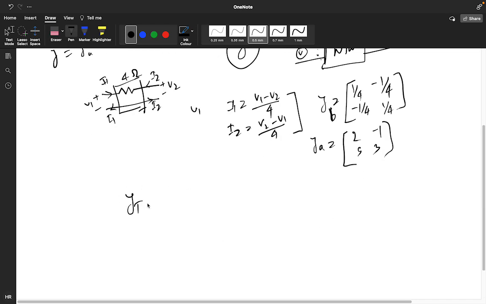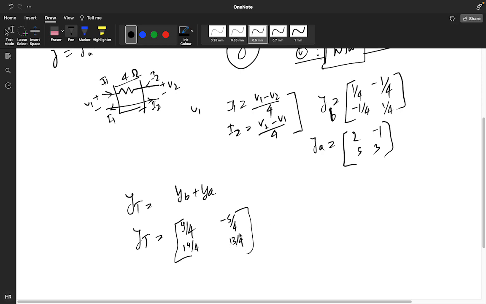So overall Y total will be Yb plus Ya. After adding this, what do you get? 1 by 4 plus 2, 9 by 4; minus 1 by 4 plus minus 1, minus 5 by 4; 5 minus 1 by 4, 19 by 4; and this will be 13 by 4.